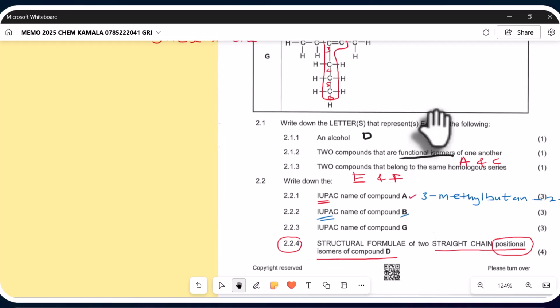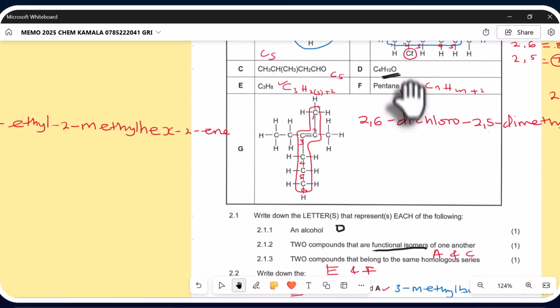Because I want a straight chain, and they said straight chain, I will not shorten the branches. So I'm going to number the carbons 1, 2, 3, and then 4. Now I place the OH.